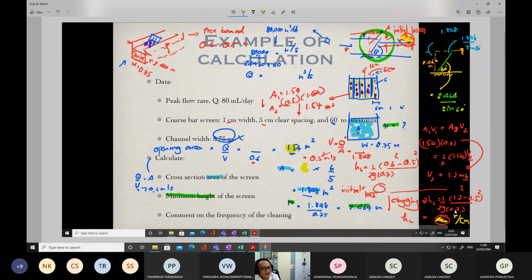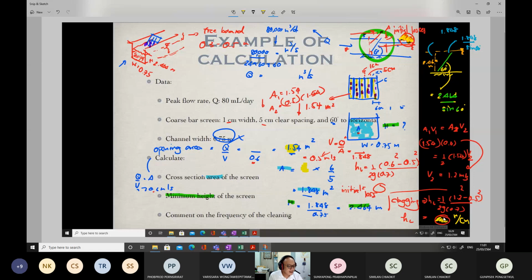So finally, we have to clean the screen when the head loss reaches this value, or we need to clean the screens once every 48 hours or 24 hours, like that. So this is a kind of frequency of cleaning.